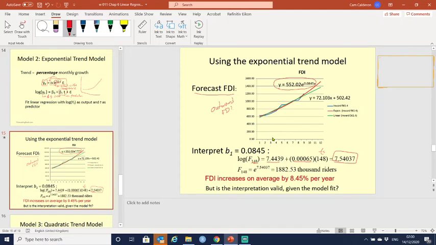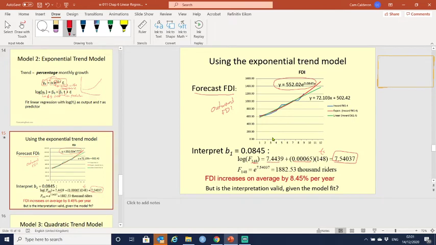If we use the inverse of the logarithm to find the expression, we arrive at e to the power of 7.54034, which is equal to 1882.53 thousand riders.